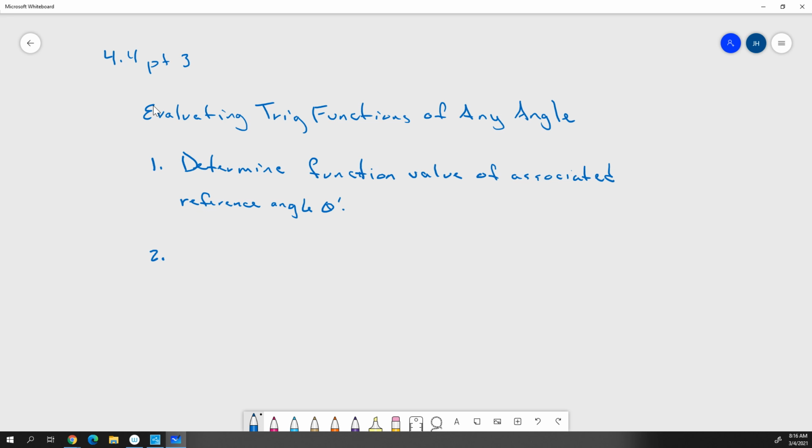Depending on the quadrant in which it lies, this is the important part of what we're doing. Depending on the quadrant in which it lies, apply the appropriate sign to the function value.